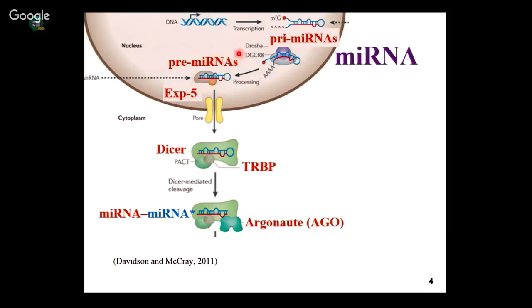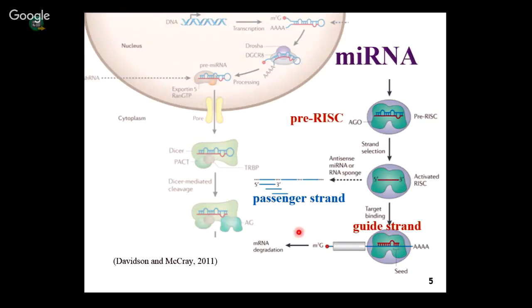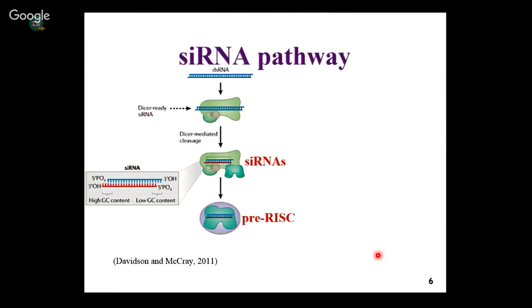In the cytoplasm, Dicer will cut the precursor microRNA into the microRNA duplex, and with AGO2 form the precursor RISC. Then one of the strands, the passenger strand, is removed, and the precursor RISC becomes mature. Then the guide strand will lead the RISC complex to the mRNA for degradation.